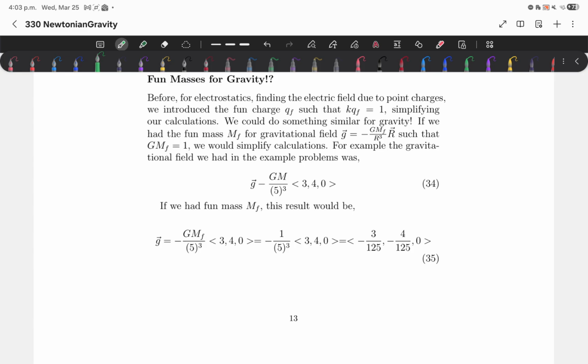The gravitational field for our previous problem was negative GM over 5 cubed times the vector (3, 4). So if we had a fun mass, GM would be 1. We have negative 1 over 5 cubed, and we can multiply through. We have negative 3 over 125, negative 4 over 125 meters per second squared for our gravitational field. So yes, we could do fun masses again, just like we did for the electrostatics point charges.